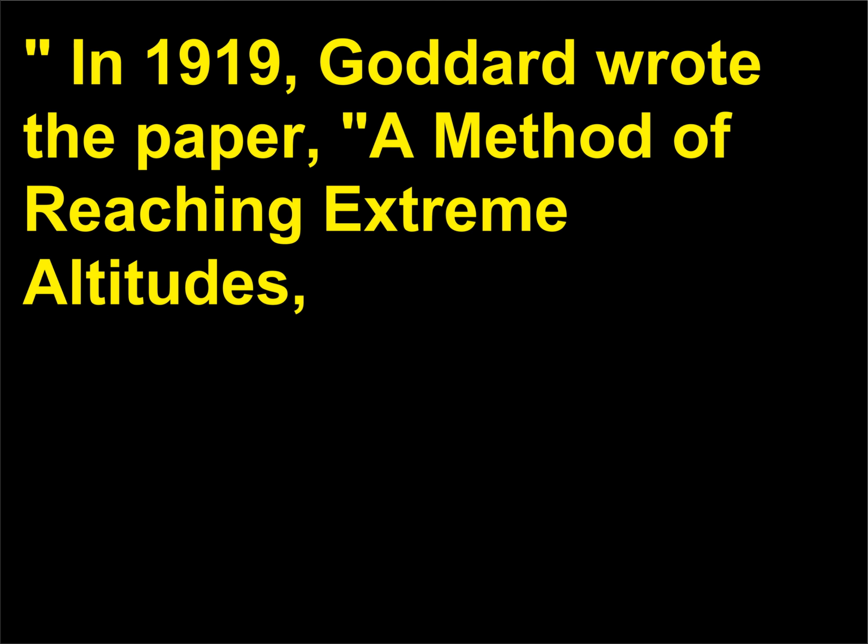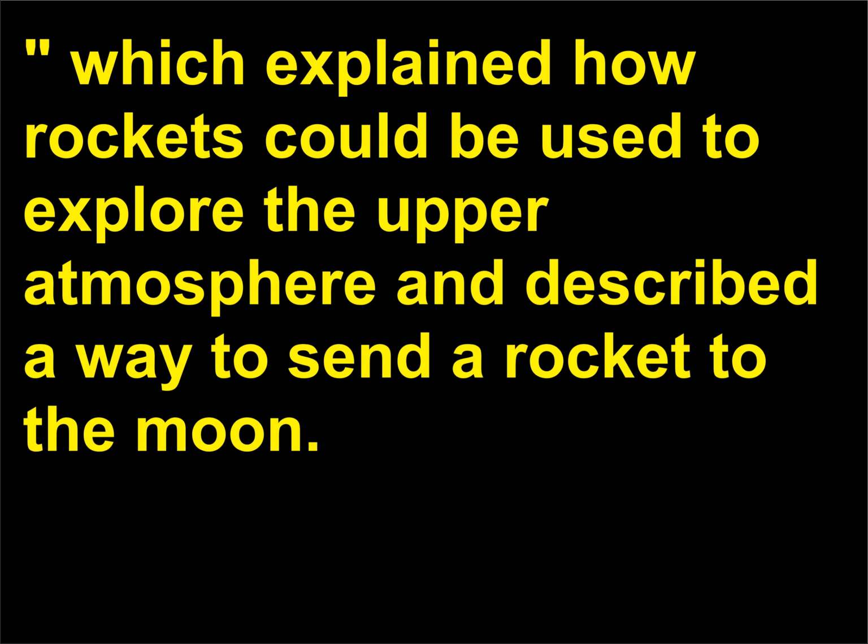In 1919, Goddard wrote the paper, A Method of Reaching Extreme Altitudes, which explained how rockets could be used to explore the upper atmosphere and described a way to send a rocket to the moon.